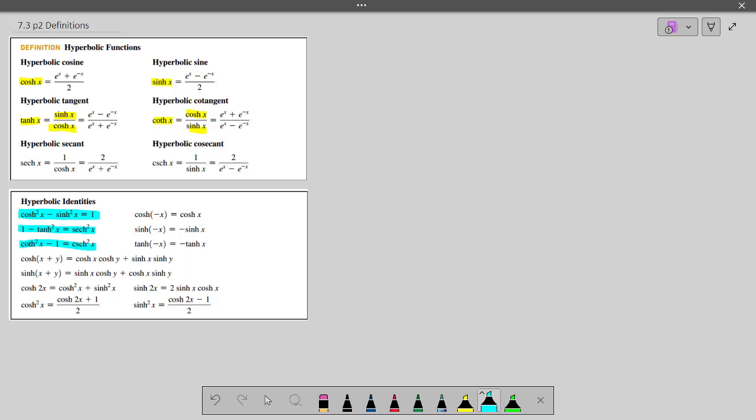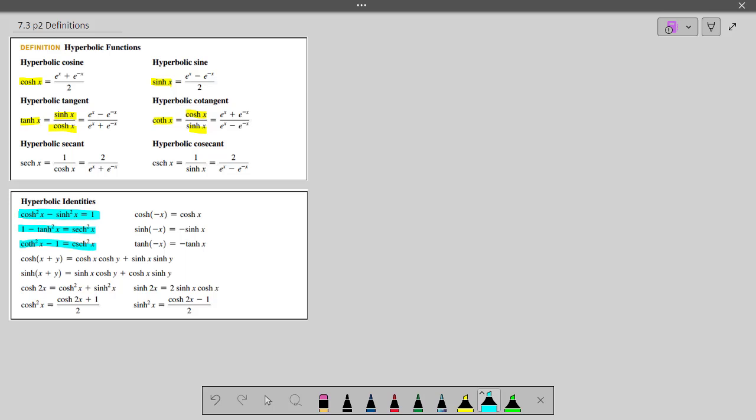There's also the odd-even parallel. When we're talking about cosine, we know that the cosine function is symmetric about the y-axis, which makes it an even function. So even functions like the parabola are always symmetric around the y-axis.